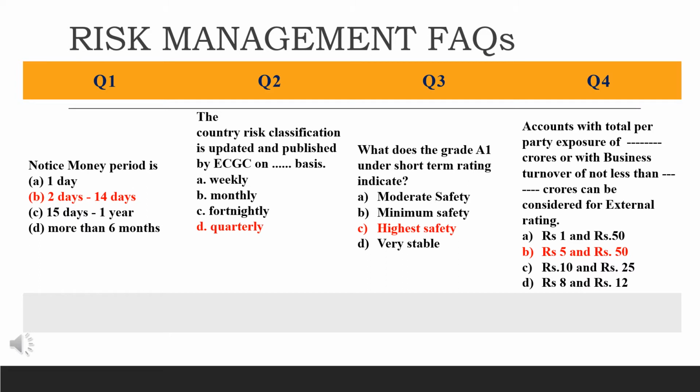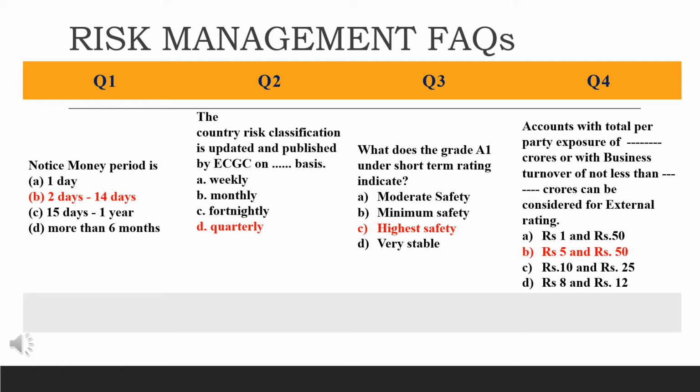Okay. A3. What is A3 now? A3 is a moderate degree of safety regarding timely payment of financial obligations. Such instruments carry higher credit risk as compared to the instruments rated in the two higher categories, that is A1 and A2. Next, A4.